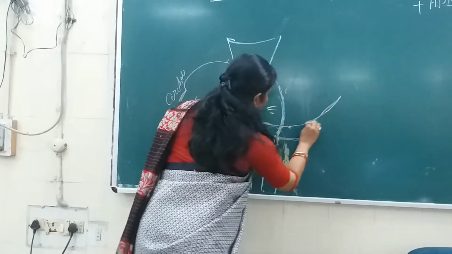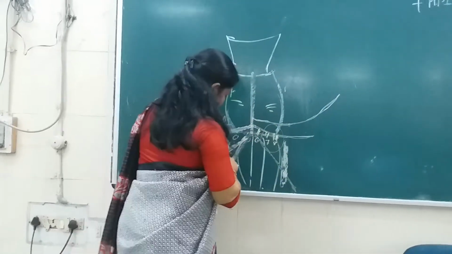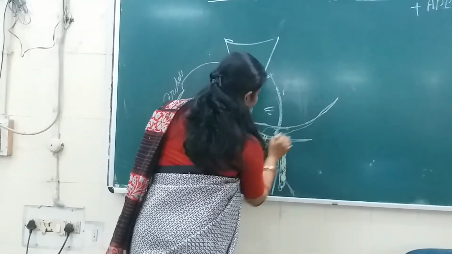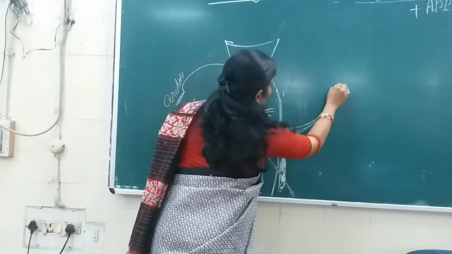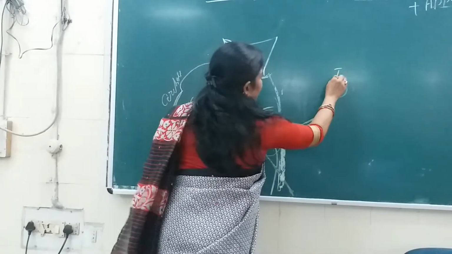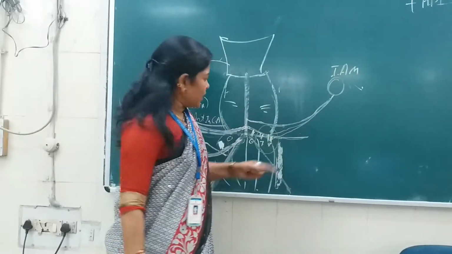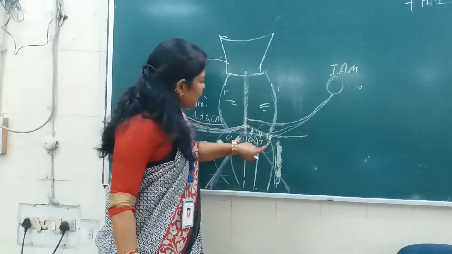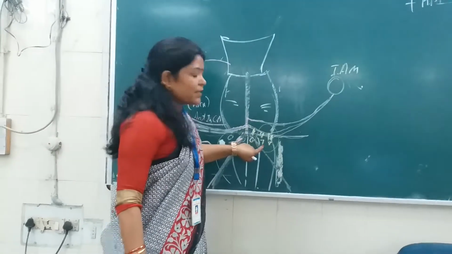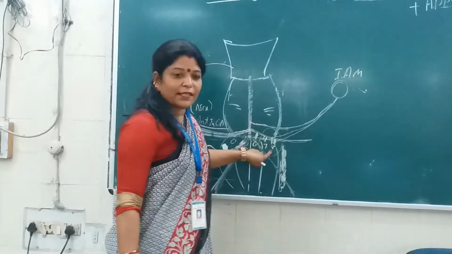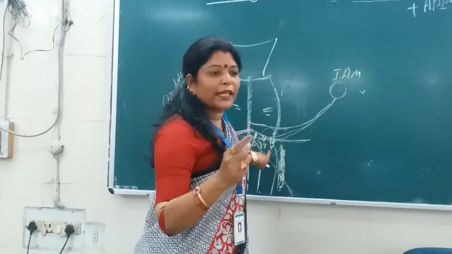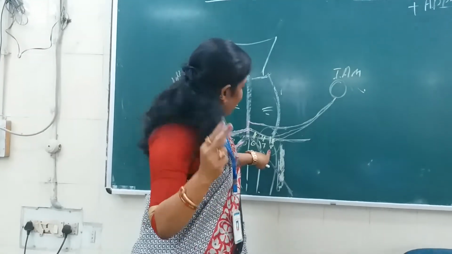It has a long course, and along with the 7th and 8th cranial nerves, where does it go? Into the internal auditory meatus, isn't it? The 7th cranial nerve and the 8th cranial nerve. The 7th is the facial and the 8th is the vestibulocochlear, with two components, vestibule and cochlea.